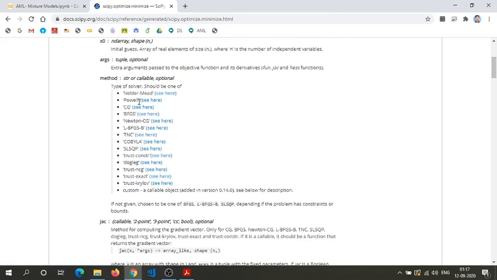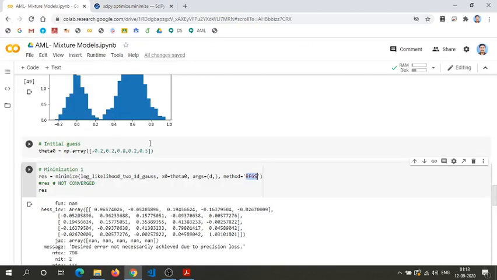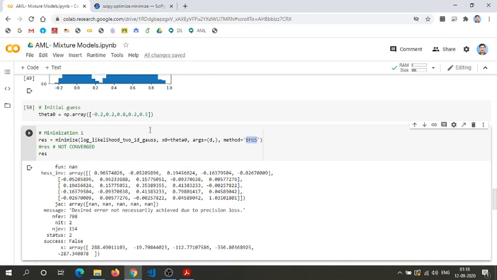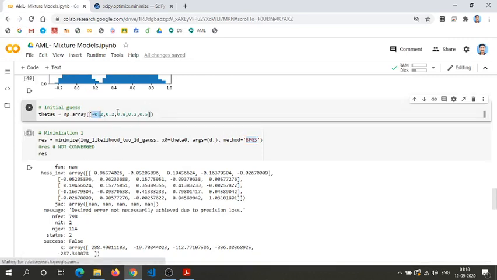The type of solver: Nelder-Mead, Powell, CG, BFGS, then Newton-CG. BFGS, Nelder-Mead, and Powell are commonly used methods. You call BFGS on this data with some initial theta. Some initial theta value needs to be applied, and this is your mu1, sigma 1, mu 2, sigma 2, and this is your pi value.